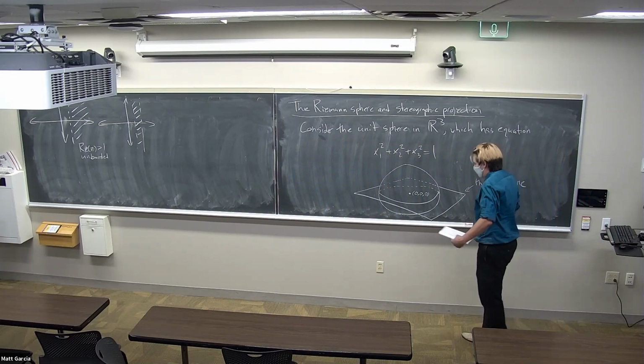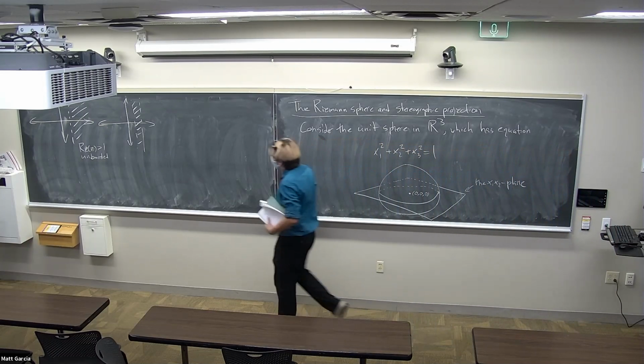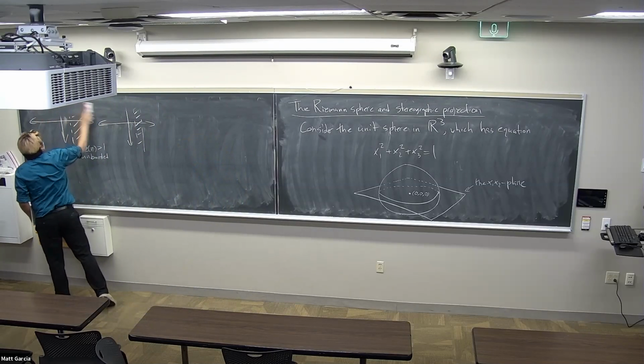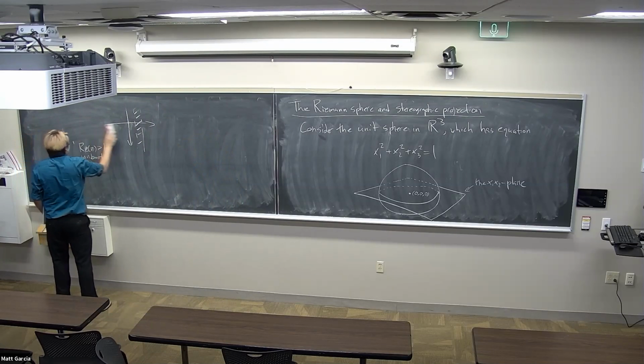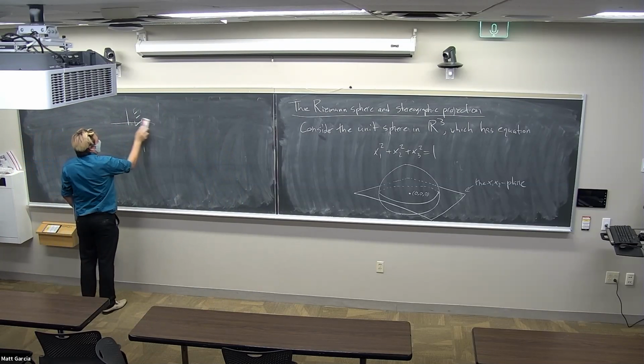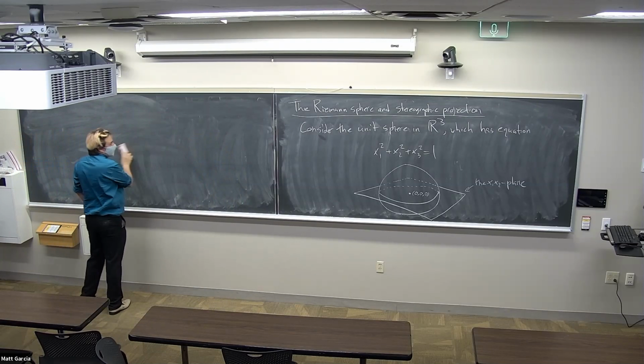Okay, so what I would like to do is associate to each complex number a point on this sphere.